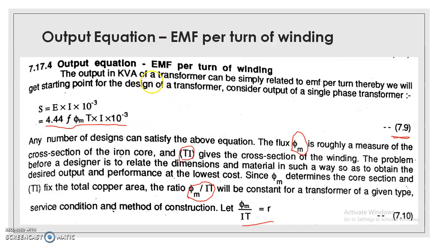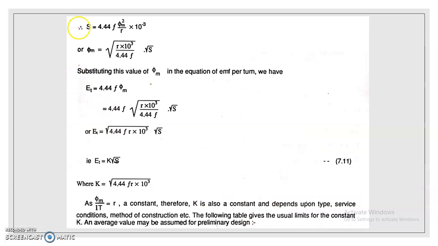Simply adjust this equation for I into T, and you will get I into T is equal to phi m upon R. Just put this value of I into T here. It will become S is equal to 4.44 f phi m square upon R into 10 raised to minus 3.